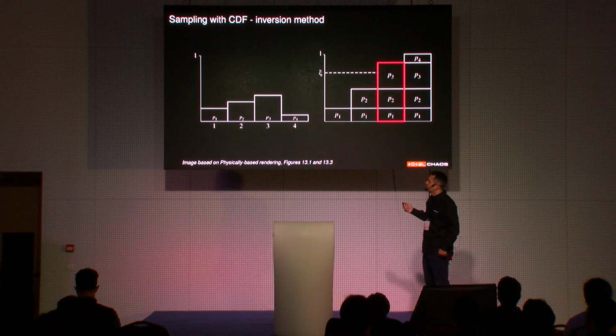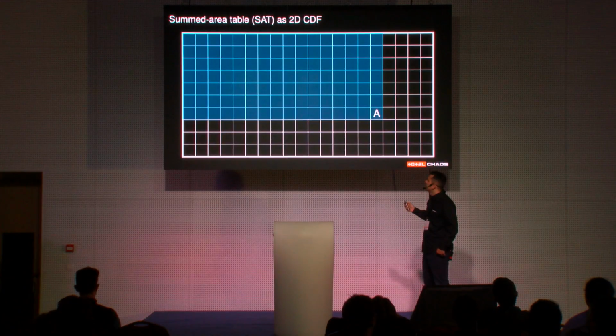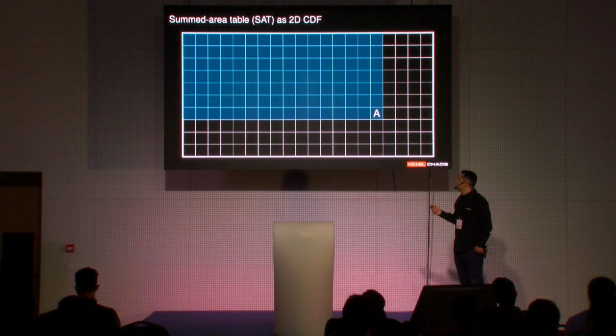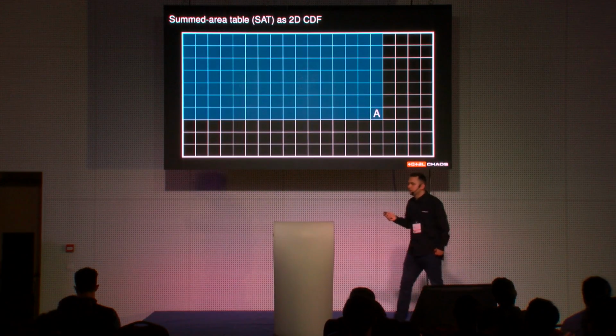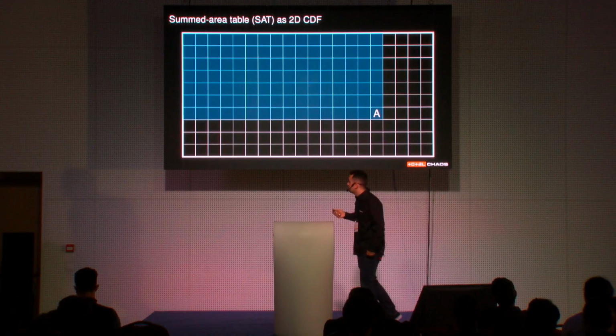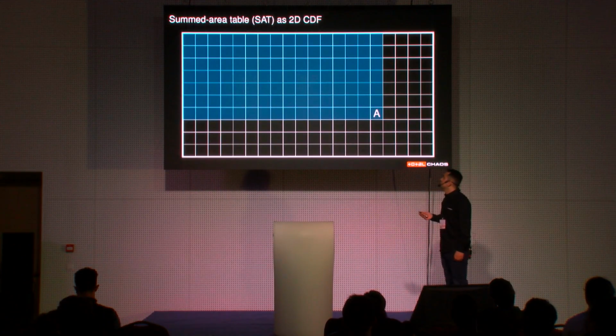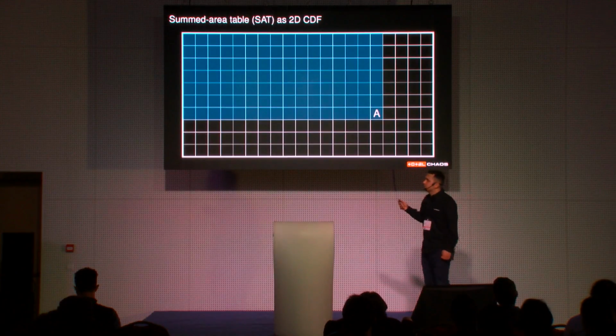But we decided to use something called a summed-area table, because summed-area tables were introduced more than 30 years ago, but not in the context of sampling. They were introduced basically to compute integrals. But what is a summed-area table?